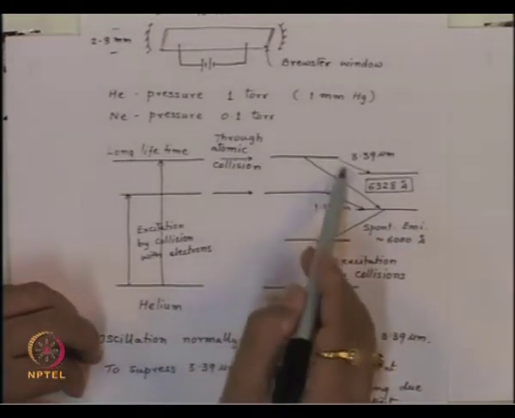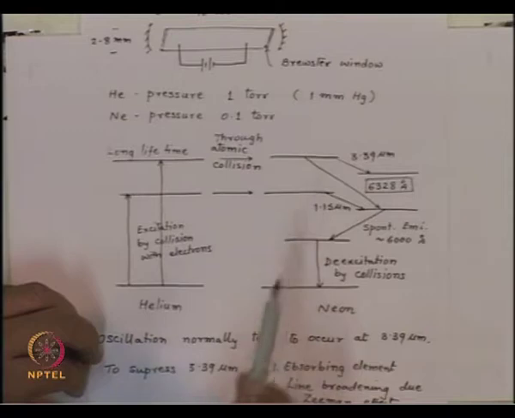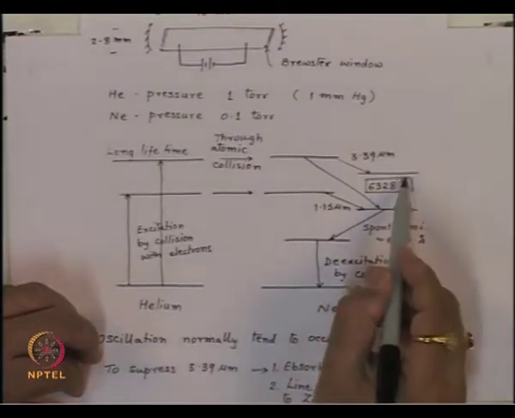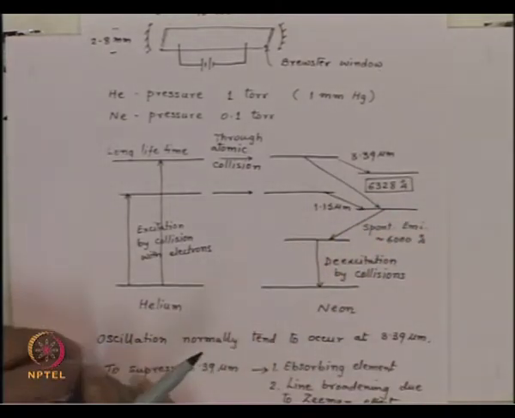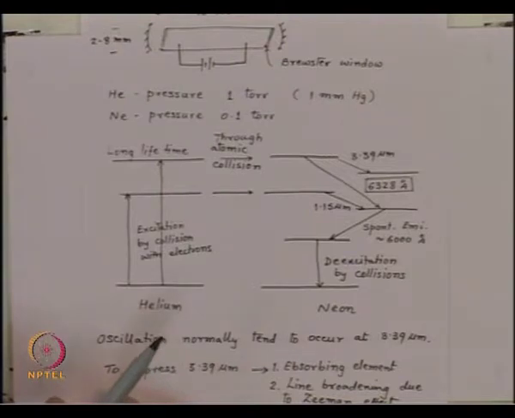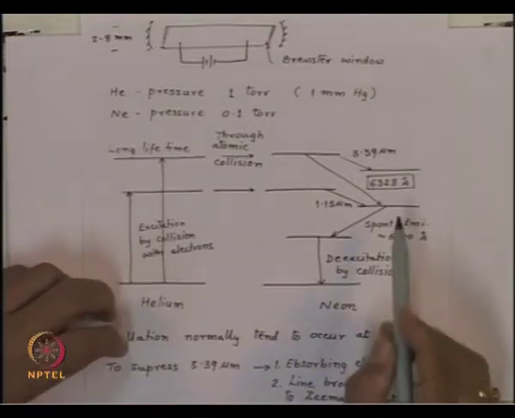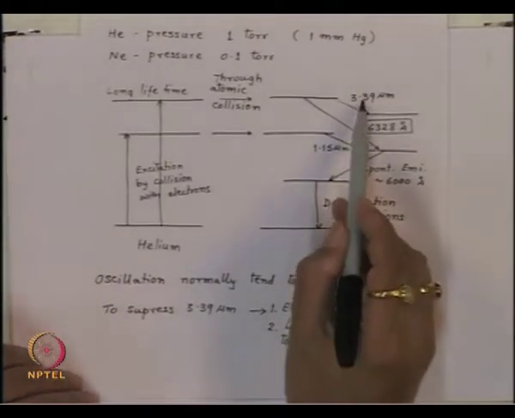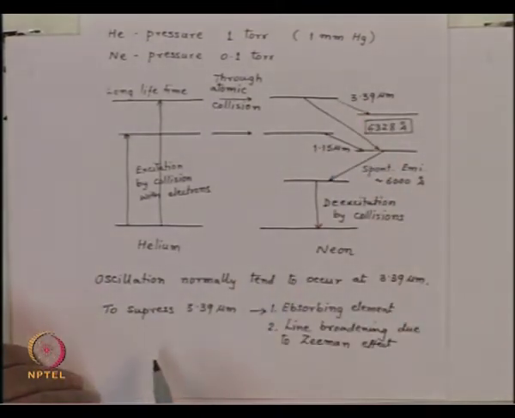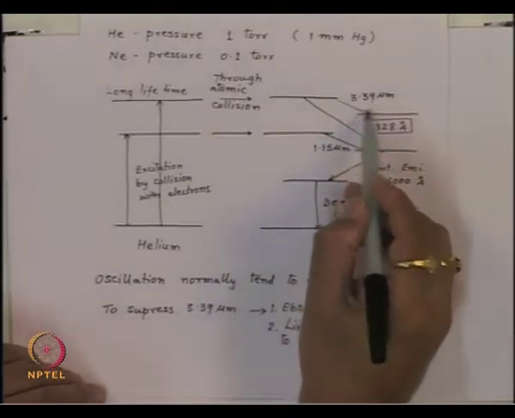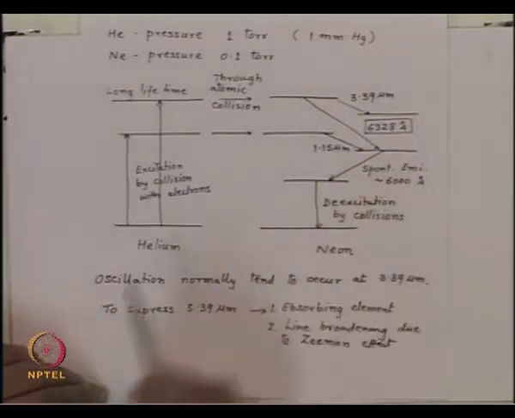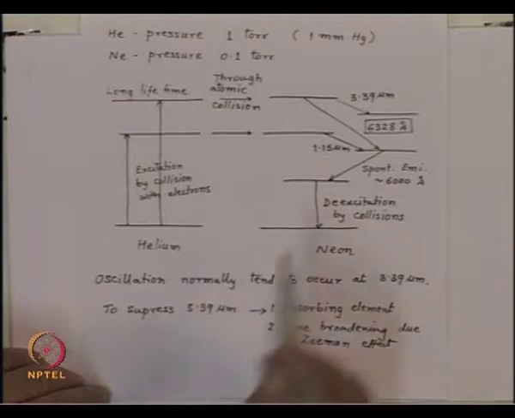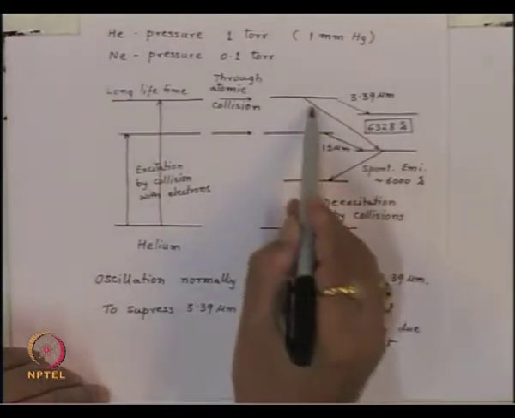In fact, these are the wavelengths which will get more easily lased compared to this one in which we are interested. So, what essentially we have to do is create what are called absorbing structures which will absorb these frequencies. So, there is no feedback corresponding to these wavelengths, and this is the wavelength which will get amplified.